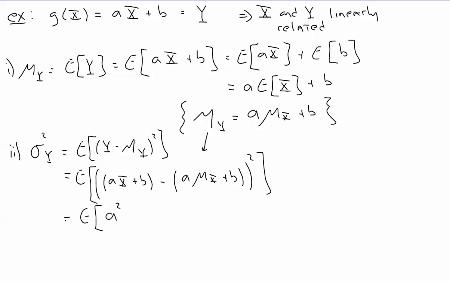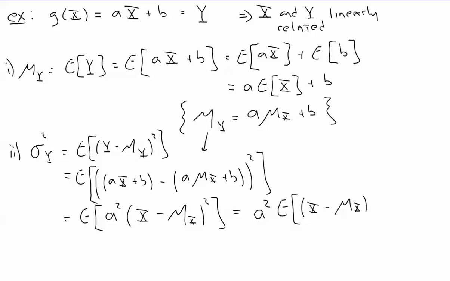We're going to get a squared times x minus mu x squared. Apply properties of my expectation. I can pull the a out. I get a squared times the expected value of x minus mu x squared. And this, of course, equals a squared times the variance of x.